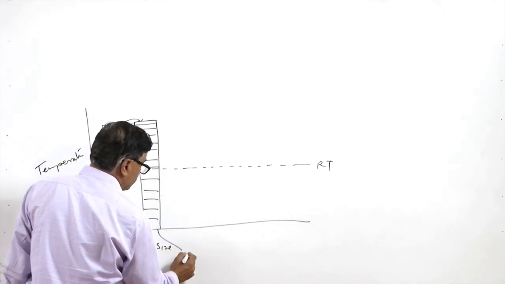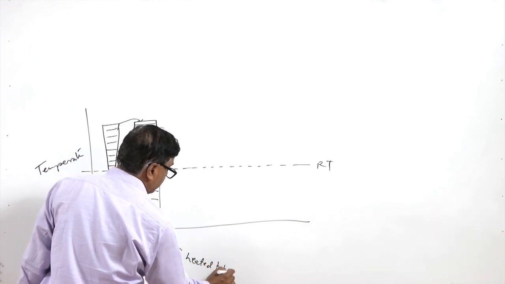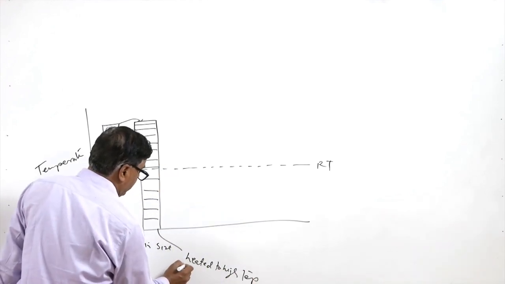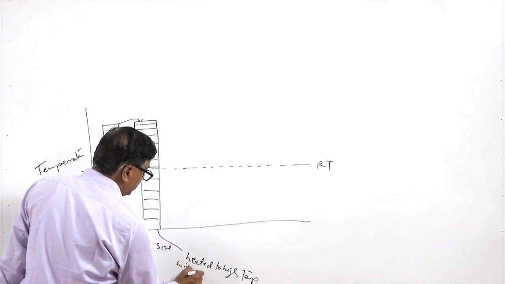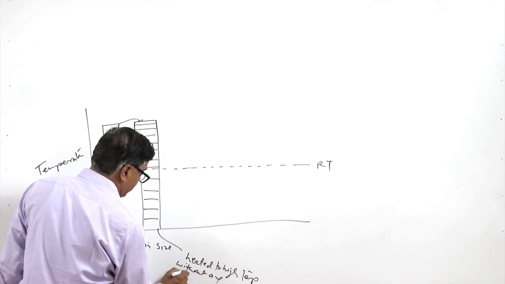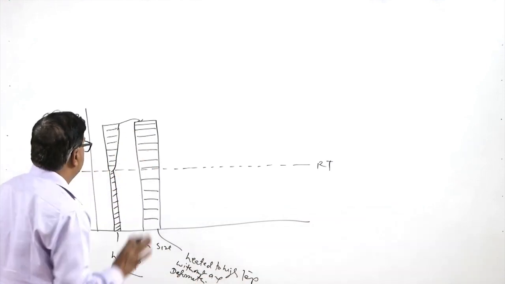So, this is the case when heated to high temperature and then allowed to cool without any deformation. The grain structure will remain coarse.